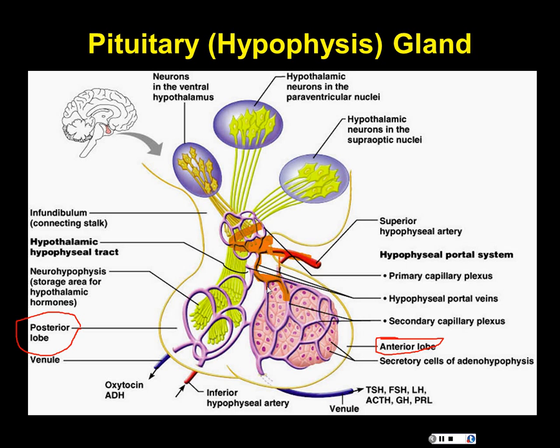That blood circuit is called the hypophyseal portal system. Technically, you can add the prefix: hypothalamo-hypophyseal portal system. It's the blood system between the hypothalamus and the anterior pituitary.